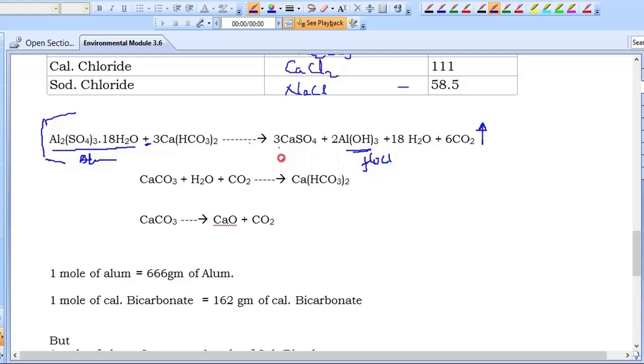And this you already know, SO4 is there, calcium is there, this is the permanent hardness, and this is the water. Understood how to read?